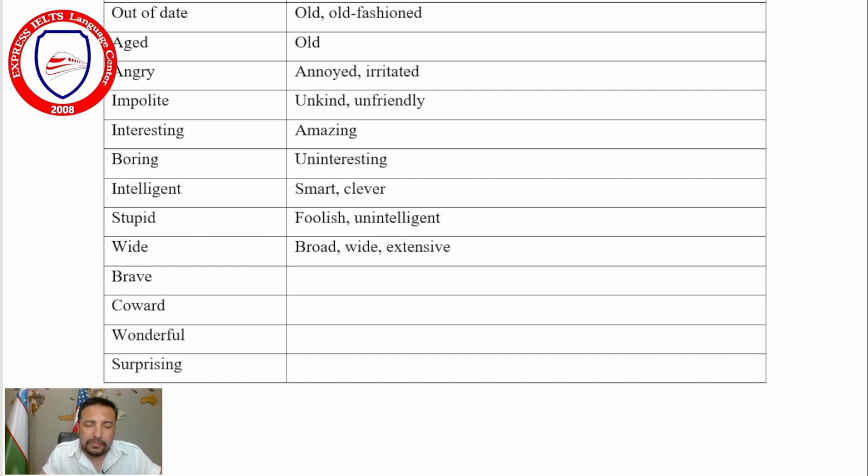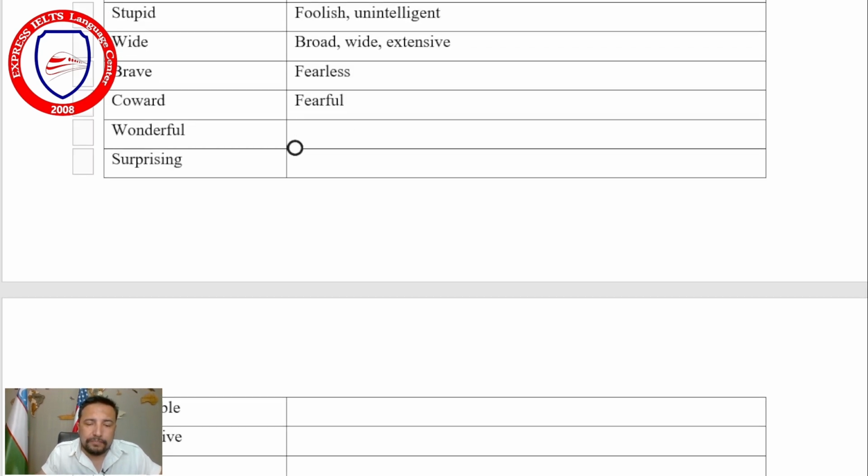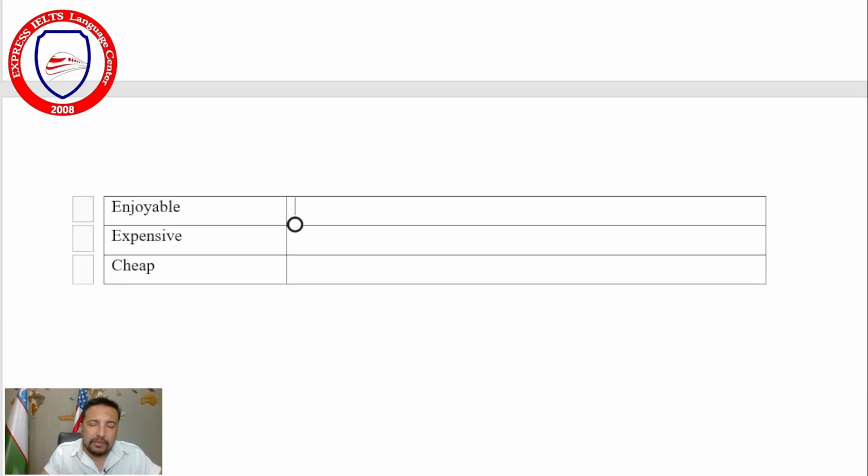Brave synonym is fearless. Coward synonym is fearful. Okay, wonderful synonym is amazing. And surprising is astonishing. And enjoyable synonym can be entertaining and recreational and leisure.